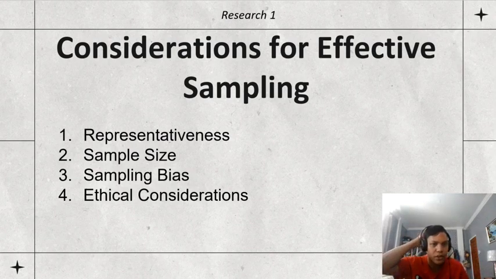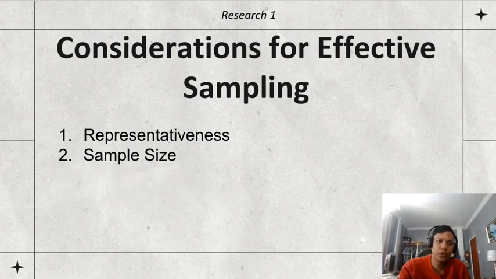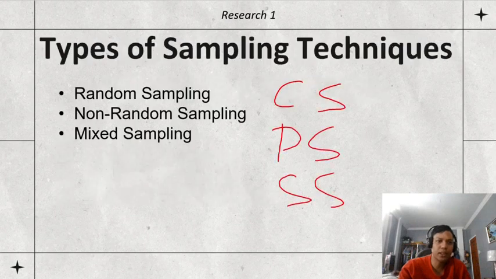Okay, as to the decision on which sampling technique to use, it is either random sampling, which is simple random, systematic random, or stratified random. Or for non-random sampling, we have snowball sampling, purposive sampling, quota sampling, convenience sampling, or mixed sampling.